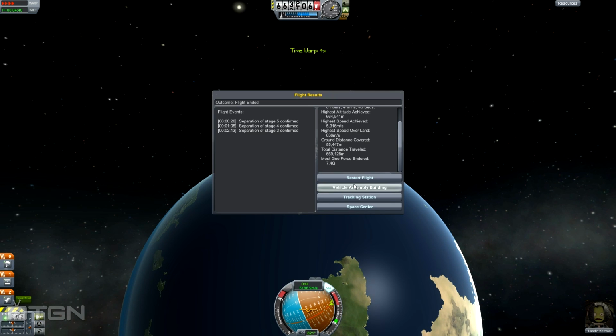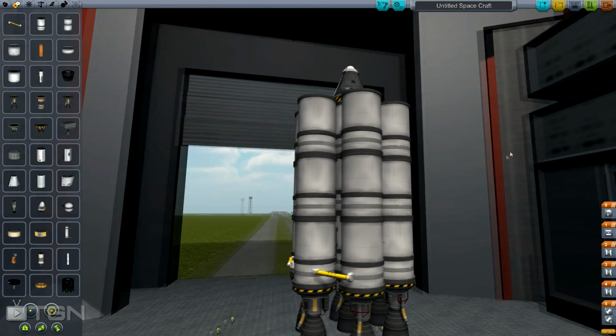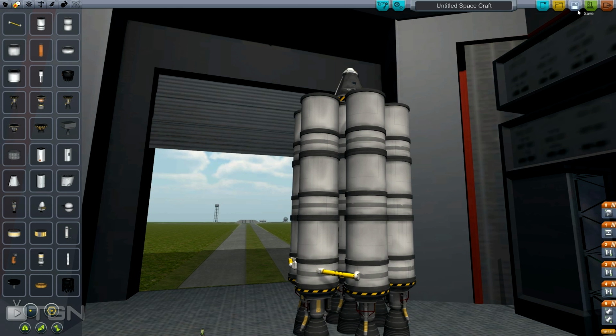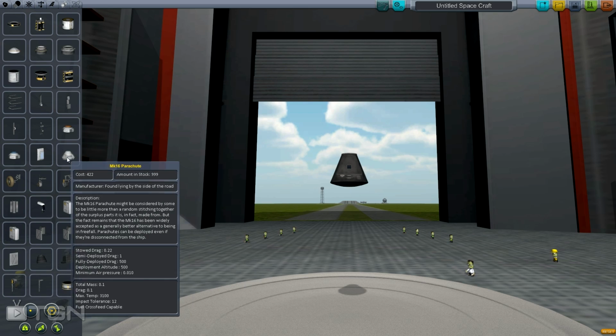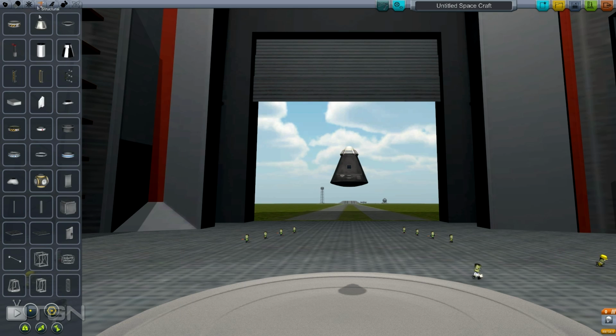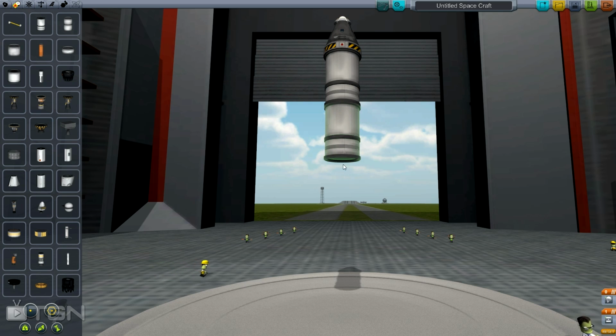Now let's remove all those fuel lines and show you guys exactly how far it would get regularly. Which is going to be easier just to actually build a new one. So let's build it exactly the same. First the command pod, then we get a parachute, decoupler, fuel tanks. 1, 2, 3.